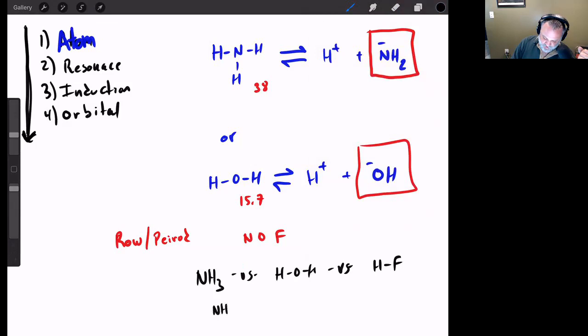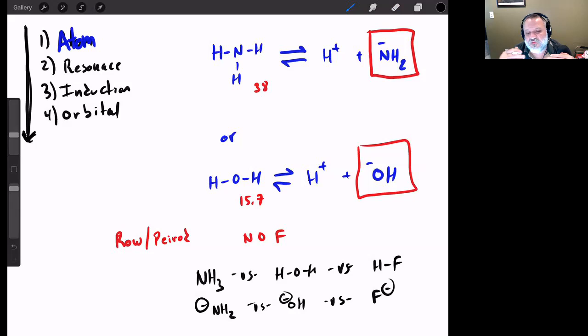If I want to think about amide versus hydroxide versus fluoride, then I can succinctly say to myself, well, the negative charge is more stable on fluorine because fluorine is more electronegative than either oxygen or nitrogen. So we would predict that HF is the strongest of the acids.